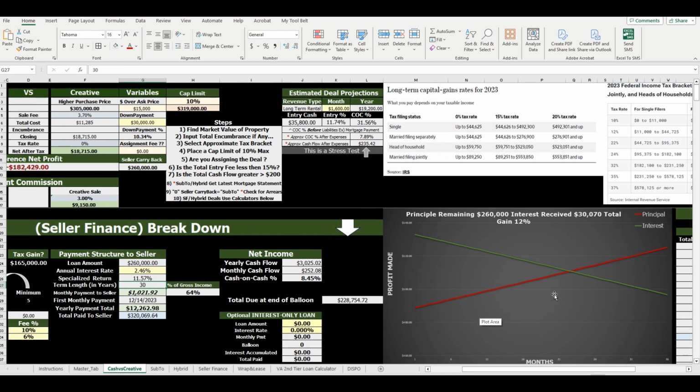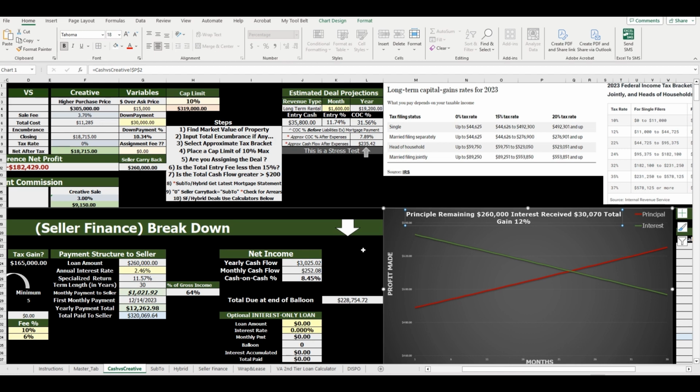And so when a seller is going to receive our calculations through the LOI, they're actually not even going to see the payment structure here in terms of the interest rate. Instead, what they're going to see is this 12%, and that is done intentionally. We want to incentivize the seller to take a creative offer.